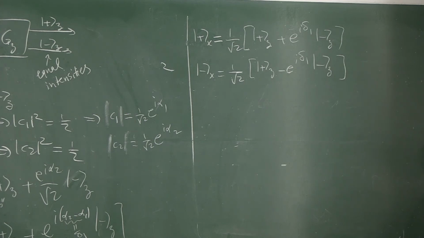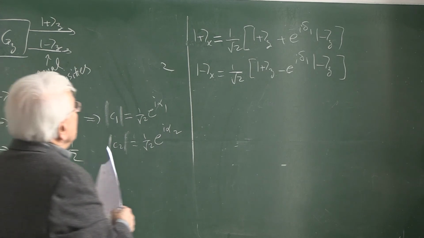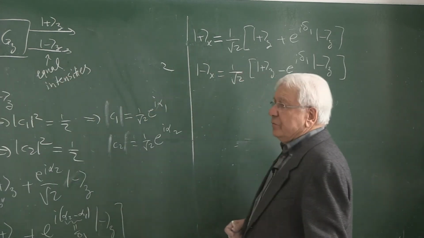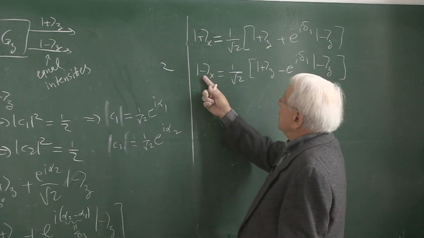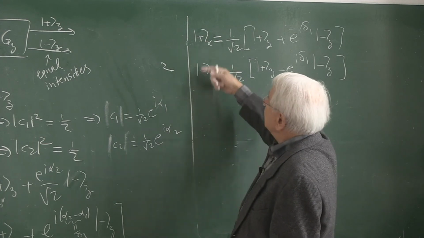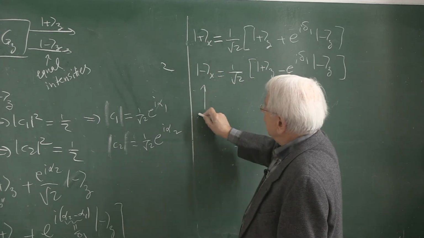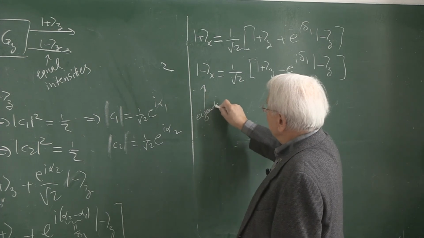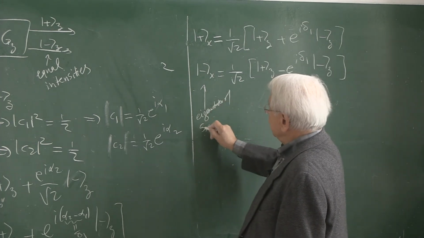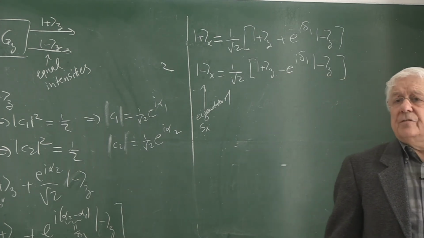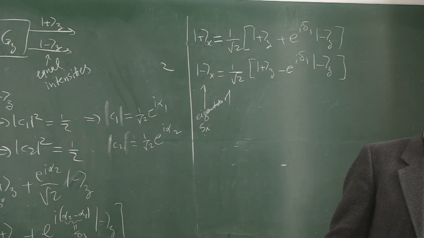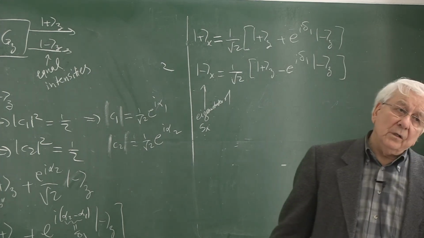In terms of the z bases, I constructed the plus x first and the minus x next. Well, you pay attention to the following. The presence of phase is something which is to stay there. This state and that state, both of them are eigenstates of Sx. Sx is a Hermitian operator, and eigenvectors of Hermitian operators corresponding to different eigenvalues are orthogonal.